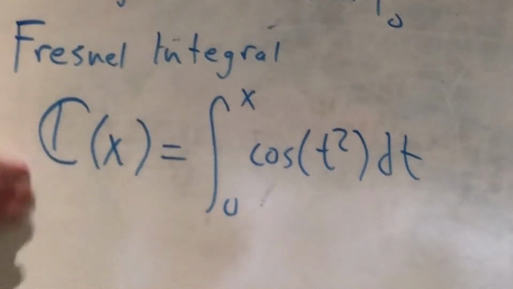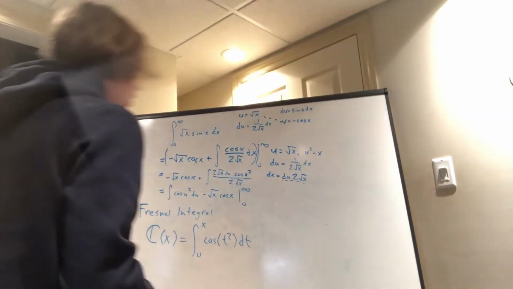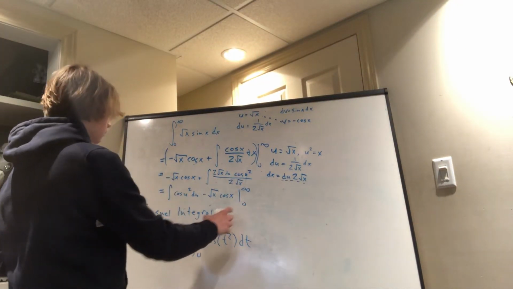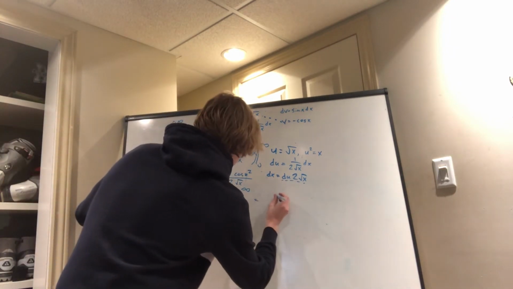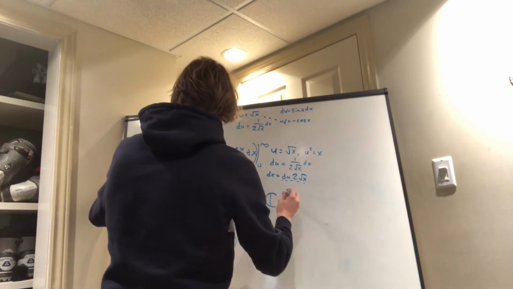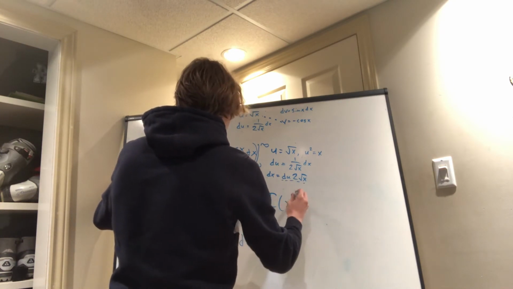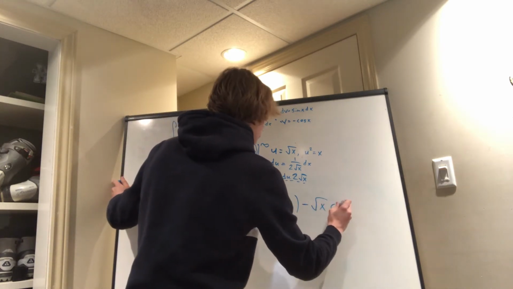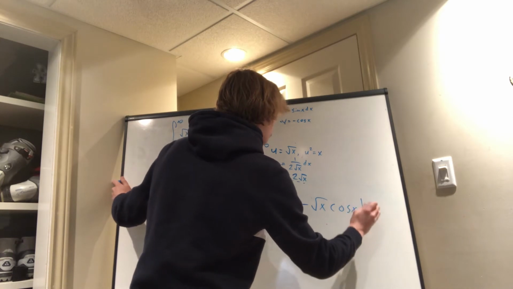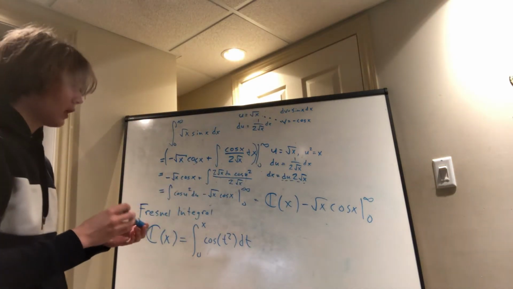So that is a Fresnel integral. So let me clean up the board, since we can write this as Fresnel of x, minus square root of x cos x, all from 0 to infinity. Let me clean up the board and rewrite it.